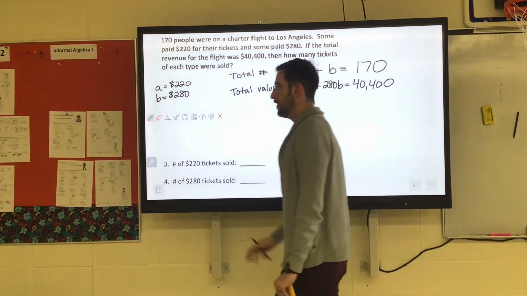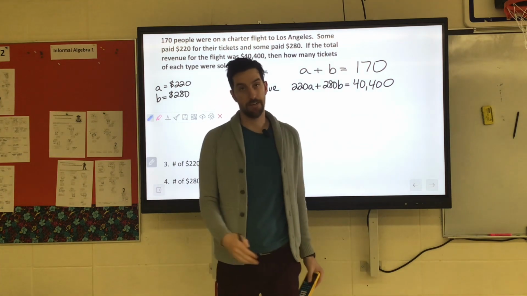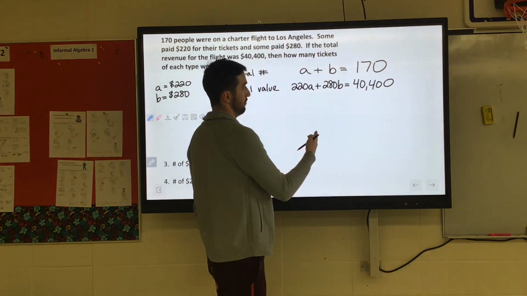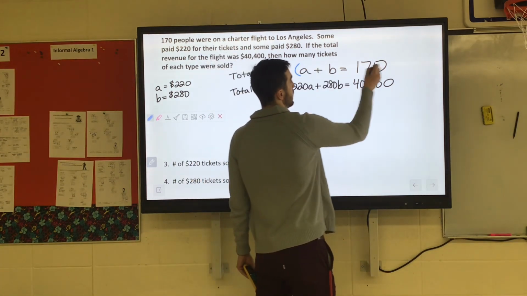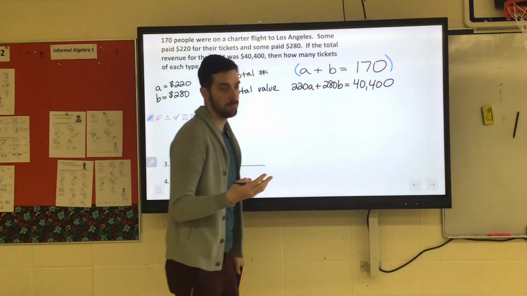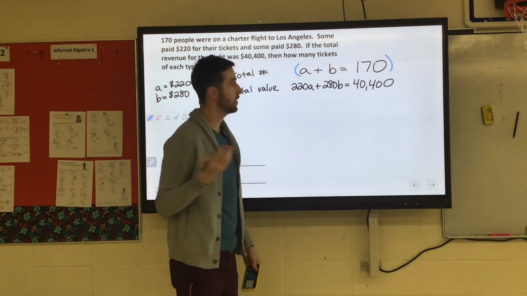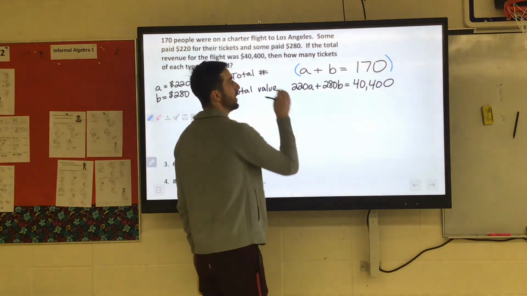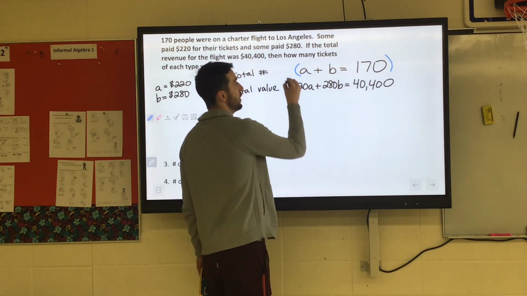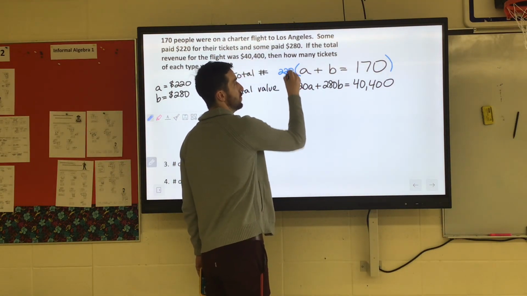Okay, we got our two equations. We got to get them to match up now. So we can get away with just multiplying the top equation, and you could choose the A's or the B's to get to match up. I would choose the A's just because 220 is smaller than 280. But again, both would work. So to make A 220A, you would have to multiply by 220.